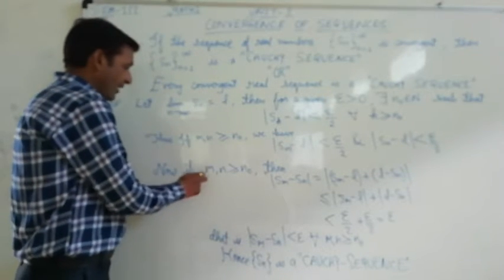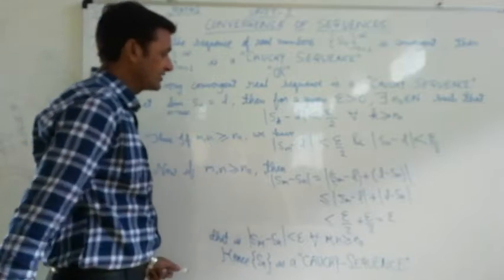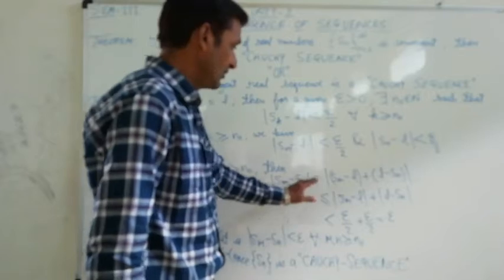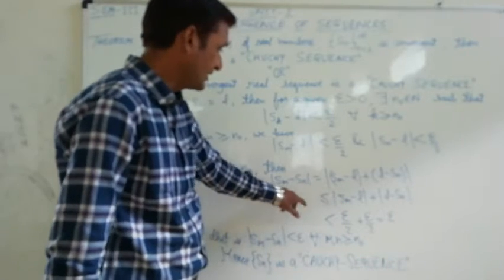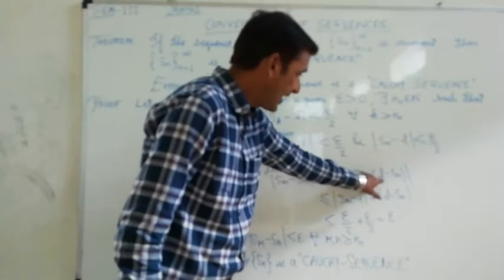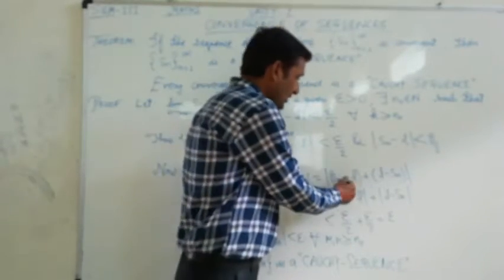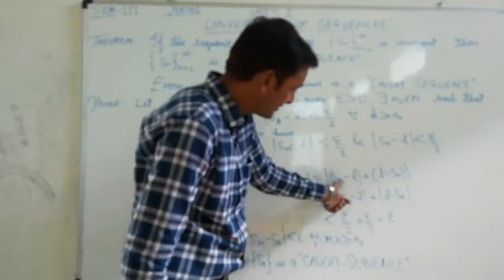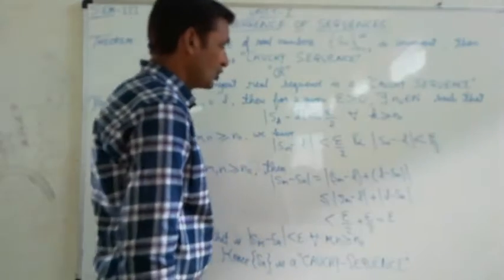Now if m, n are greater than or equal to n0, then in that case mod of Sm minus Sn can be written as mod of Sm minus L plus L minus Sn. Suppose we open this bracket, then this minus L and plus L will be cancelled. The remaining terms are Sm minus Sn only.